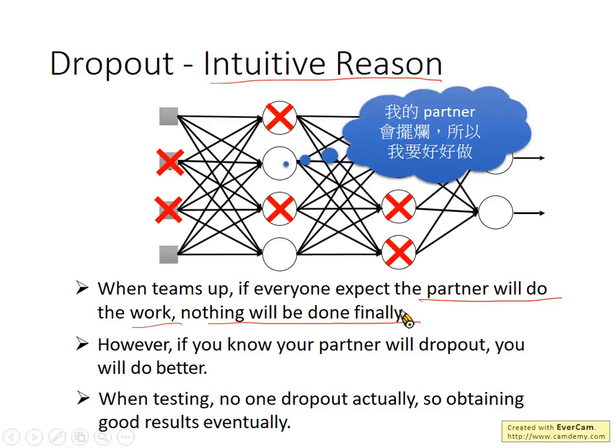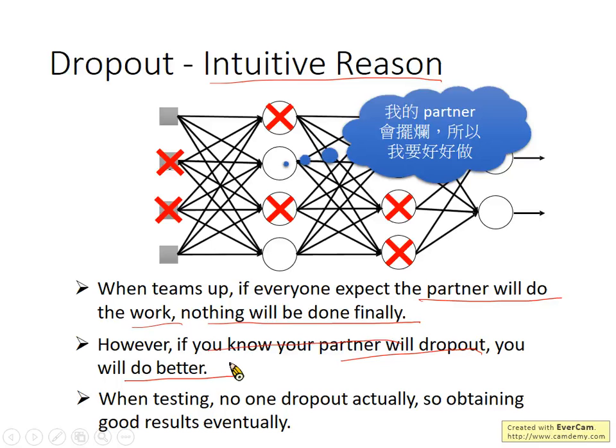When you form a team of 4 members and you think, okay, my partner will do the work, then I will be too lazy to do the work. However, if you know your partner will drop out, you will do better. If you know your team member will not work at all, you may work harder to handle your problem.